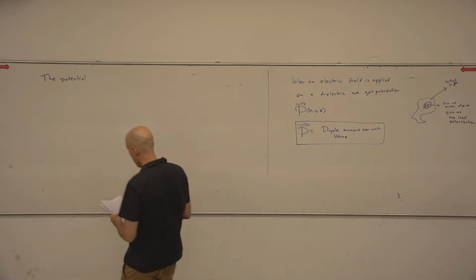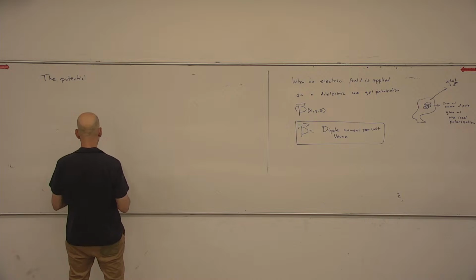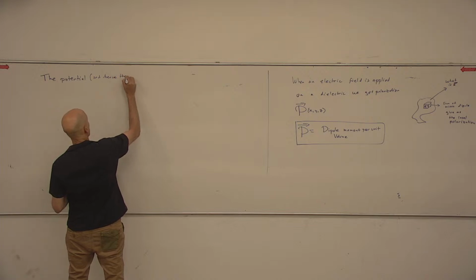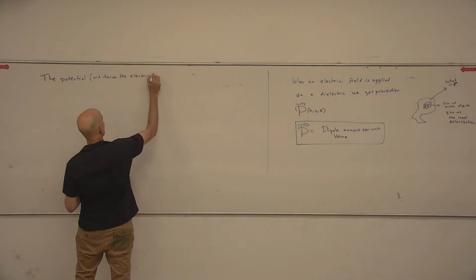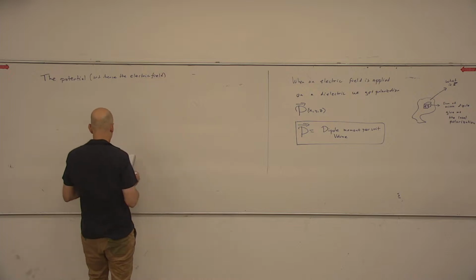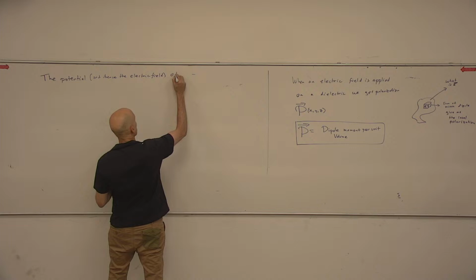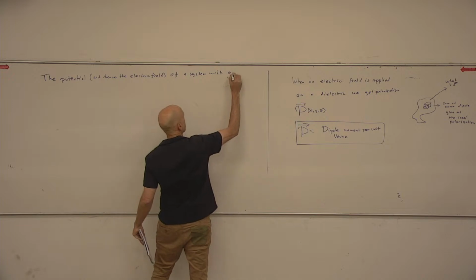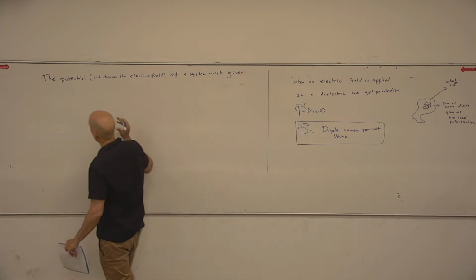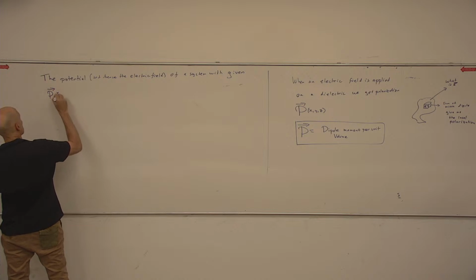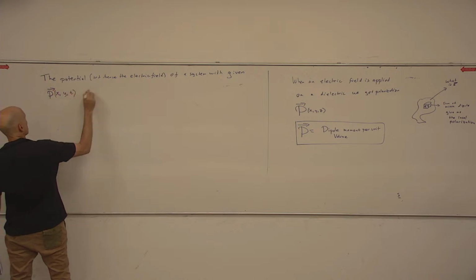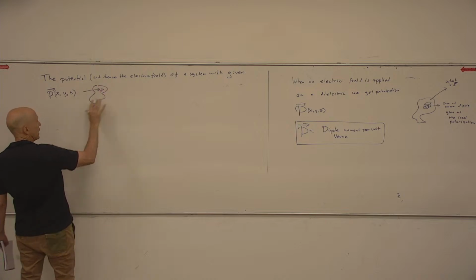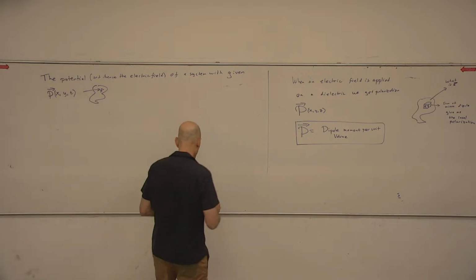The potential, and hence the electric field, of a system with given, I need to know what is this polarization field. So I have some medium, and here I have some P, and it changes inside.